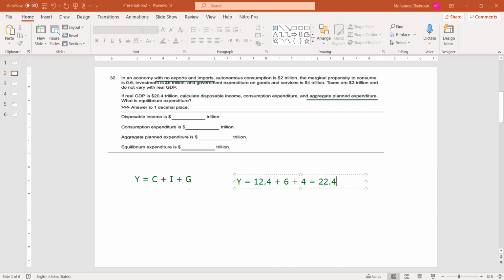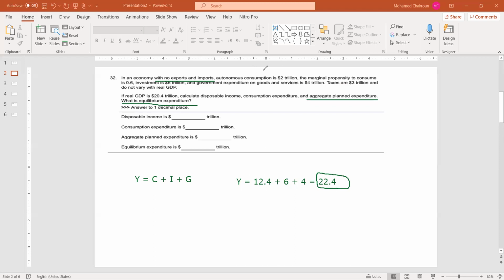Now we come to the equilibrium expenditure, the last part, which is more difficult here. What is equilibrium expenditure? So equilibrium expenditure is the level of aggregate planned expenditure that equalizes real GDP. So here, when we calculated the aggregate planned expenditure, we find that it's equal to $22.4 trillion.